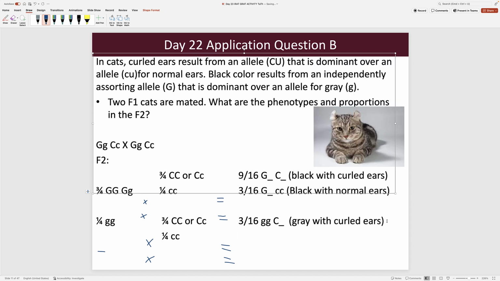And then our last phenotype is going to be 1/4 times 1/4, that's 1/16 little g, little c. Or phenotypically, what we would say is gray with normal ears. In fact, you may recognize this 9:3:3:1 ratio as a very common ratio.